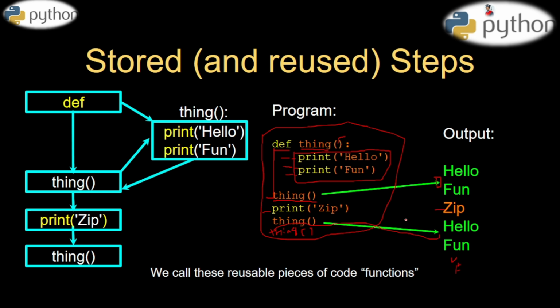So simply, what are functions? We call this a reusable piece of code. Back to this simple description: this is the function call, function name followed by parenthesis.